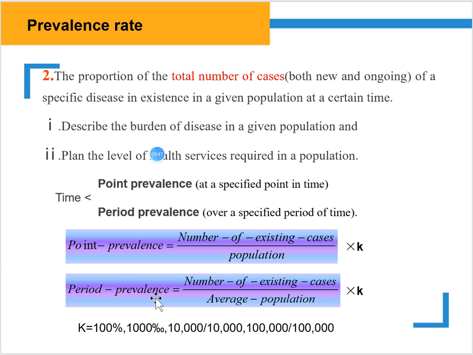If the time of investigation is over a specified period of time, that is period prevalence, the numerator of period prevalence is the number of existing cases over a specified period of time, and the denominator is the number of average population observed during the same period of time.